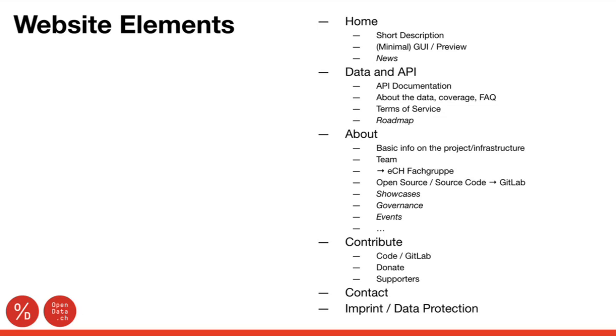Also a big question for us is, again, this minimal GUI is not supposed to be a tool that people are using to do political monitoring or whatnot. That's what Ruben's tool, for example, is going to be for. This is really just a preview for potential users of the API.